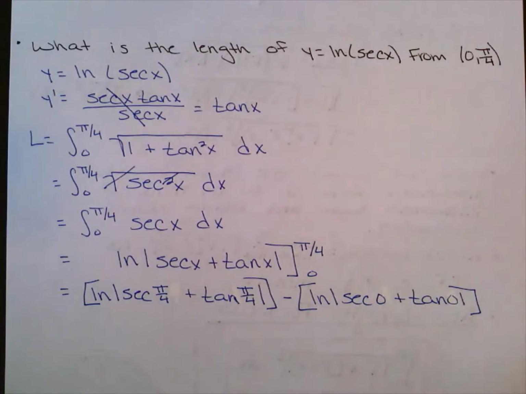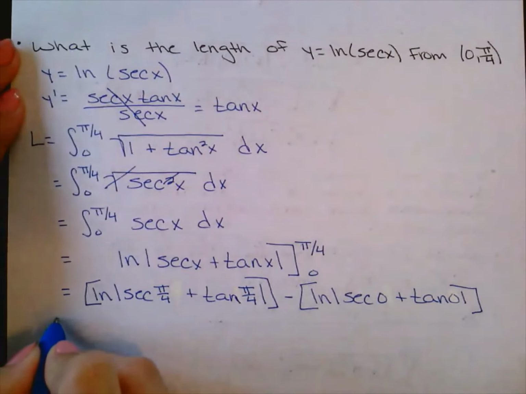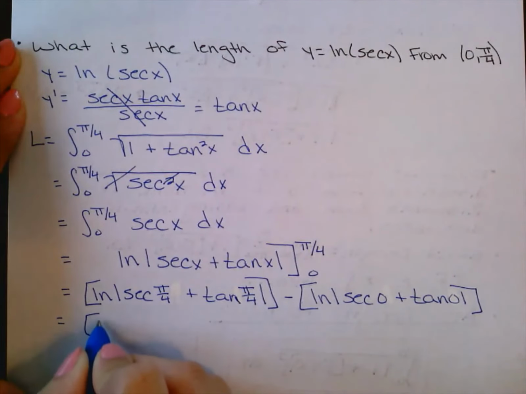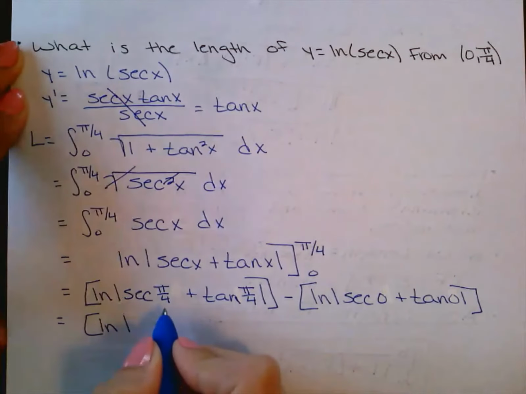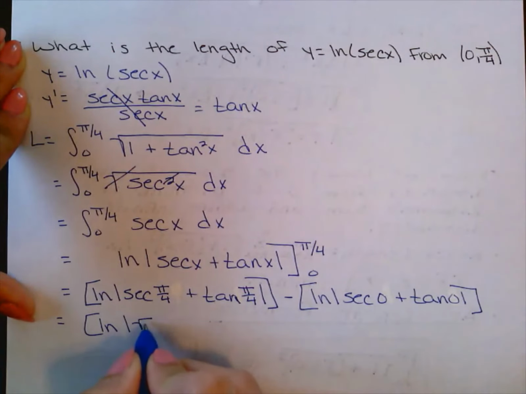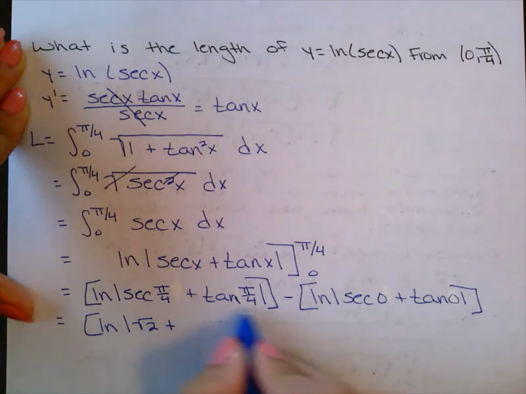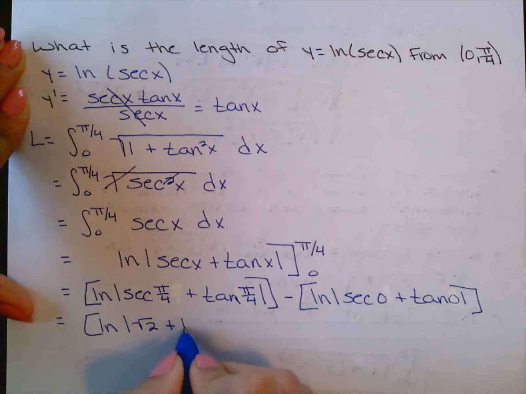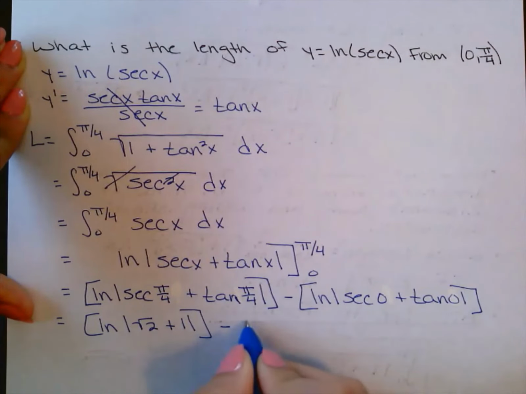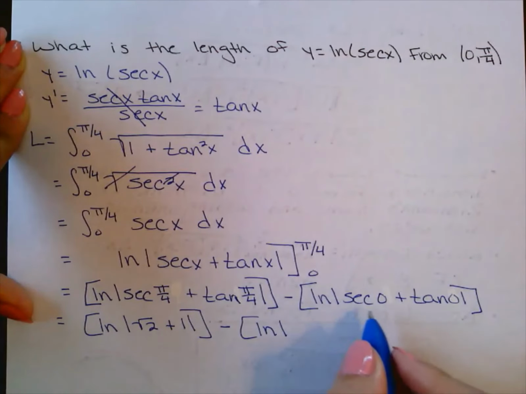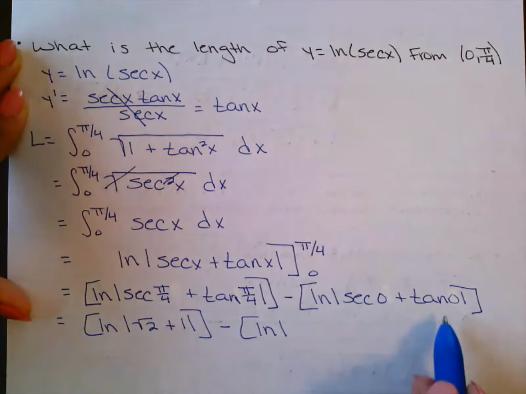Now, on the AP test, I've told you that you can go to f of b minus f of a, but if there is any trig left over, you do have to complete that portion. So I have ln of secant of pi over 4 is radical 2 plus tangent of pi over 4 is 1 minus secant of 0 and tangent of 0.